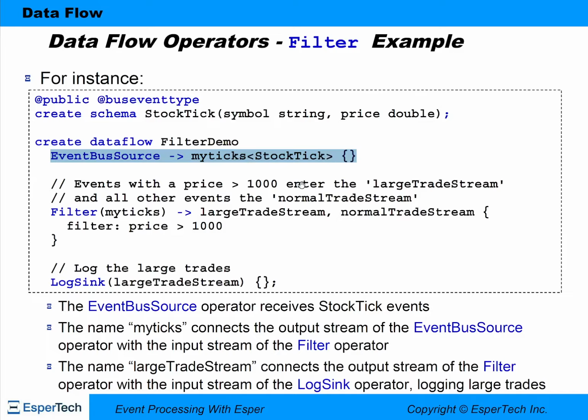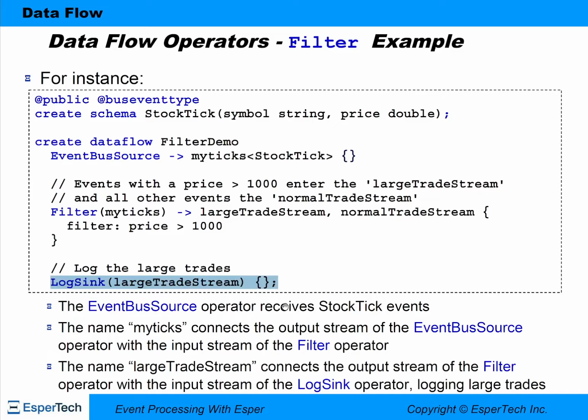Events with a price greater 1000 enter the large trade stream and all other events the normal trade stream. Filter takes mytics, produces LargeTradeStream, NormalTradeStream {filter: price > 100}. Log the large trades. LogSink takes LargeTradeStream.